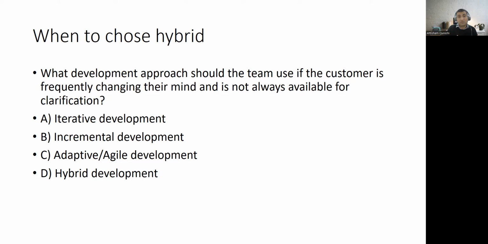And also my problem is that he is not available for clarification. So I cannot go purely agile, because in agile, we work on the feedback. So we have to be in the middle, which is hybrid, right?